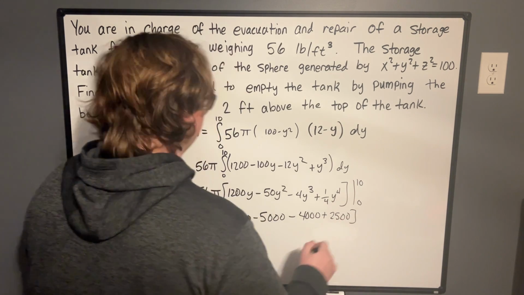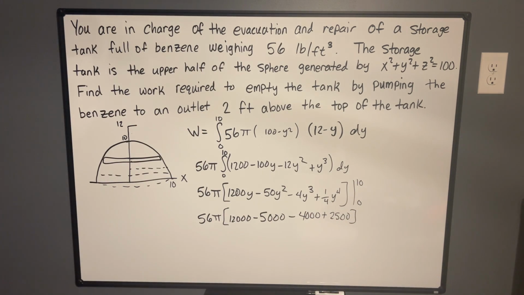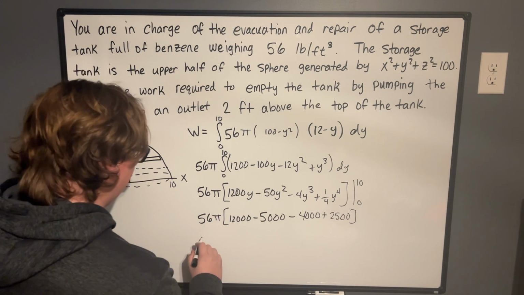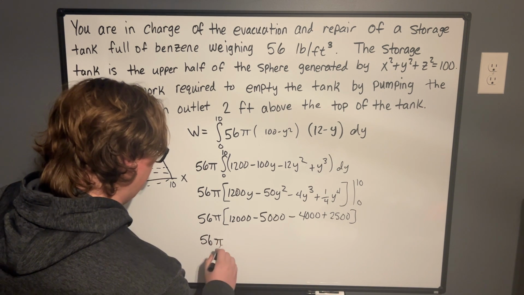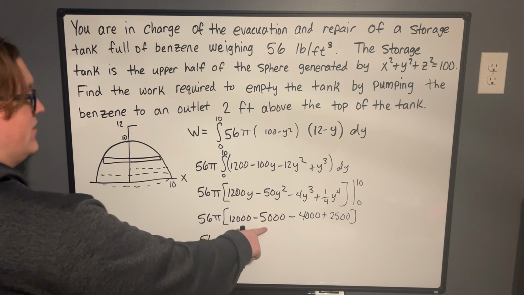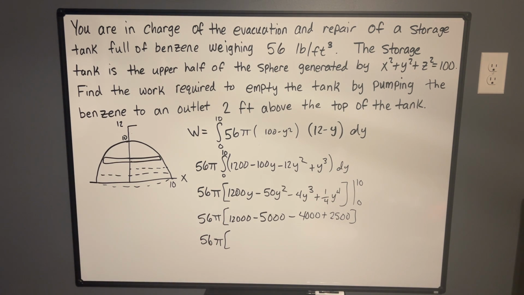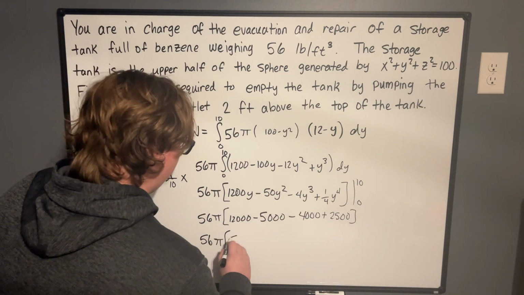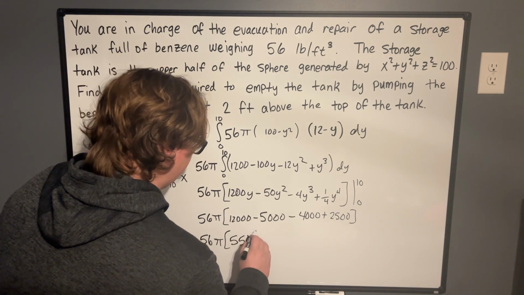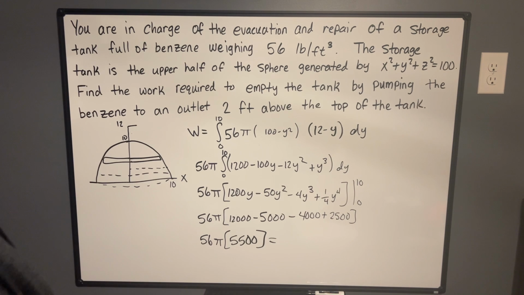And then when I plug in 0, I'm not going to get anything because all of those have a factor of y, so everything will go to 0. So now what this gives me is 56 pi times, this is going to be 7,000 minus 4,000 is 3,000, plus 2,500 is actually going to be 5,500. And then now for my final answer, I just need to distribute that out.